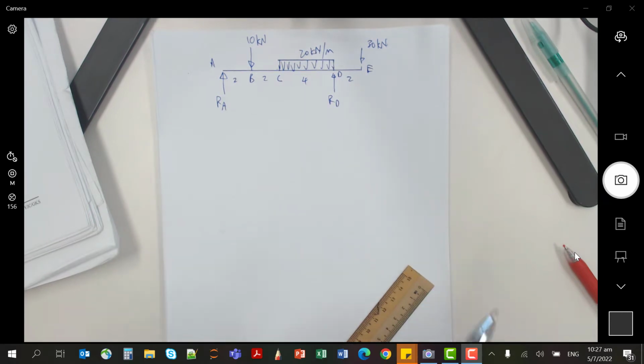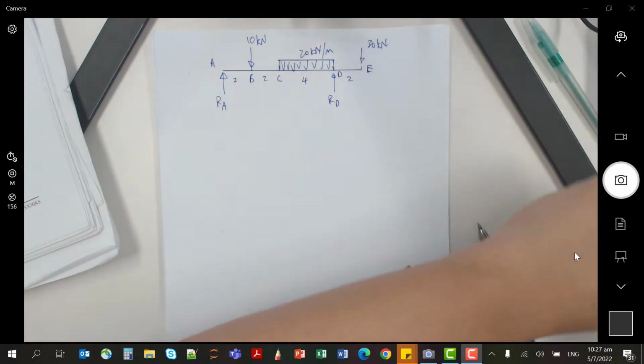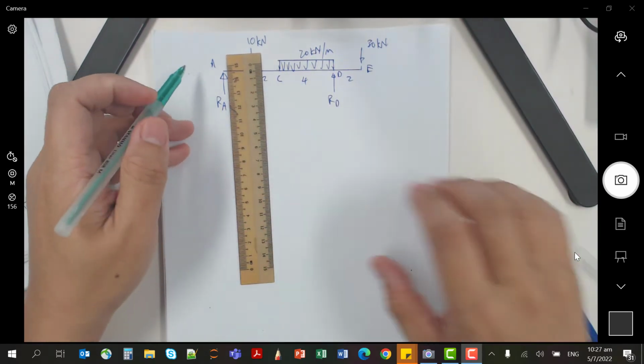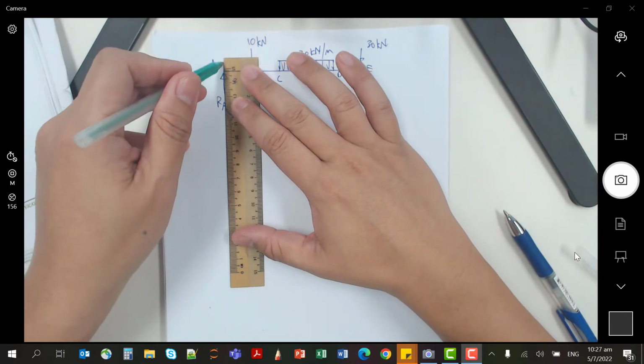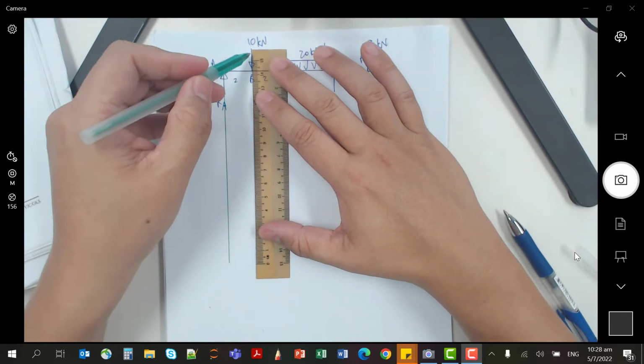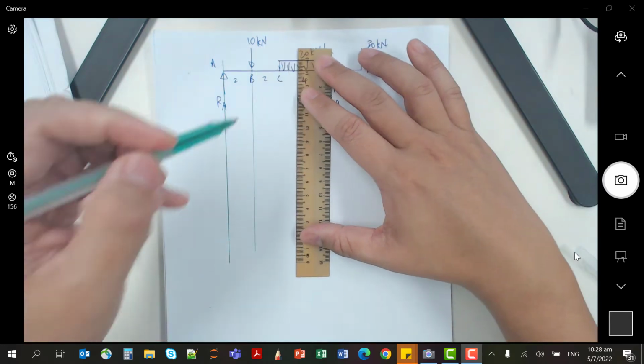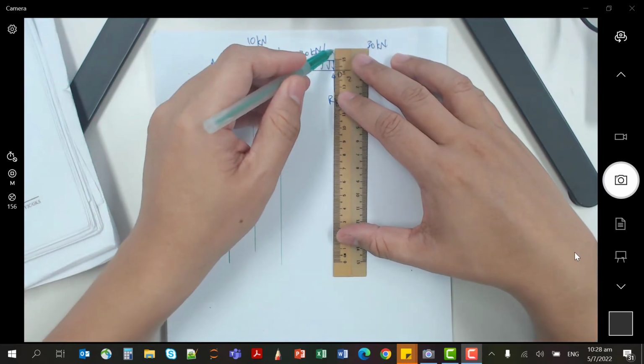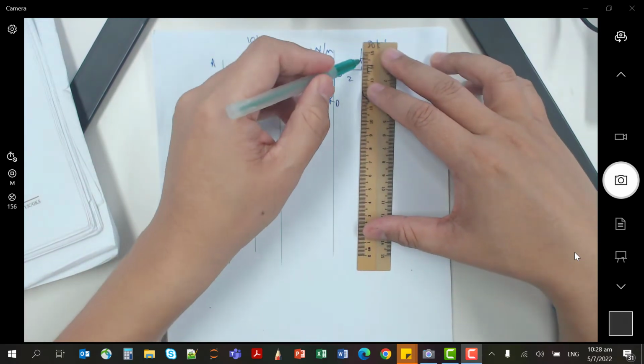Now we proceed on to the shear force diagram. We are going to draw down the appropriate lines, the key points over here.